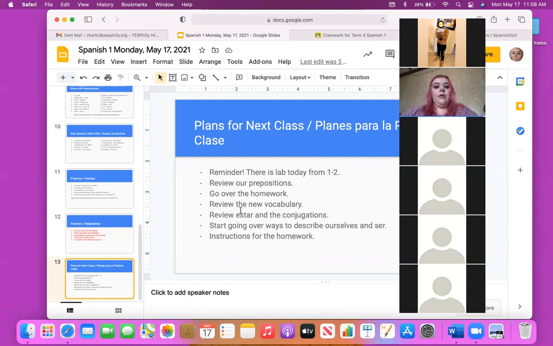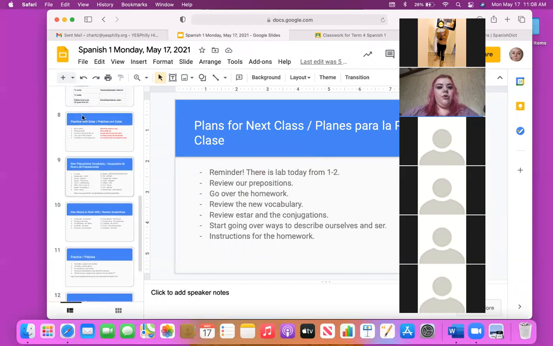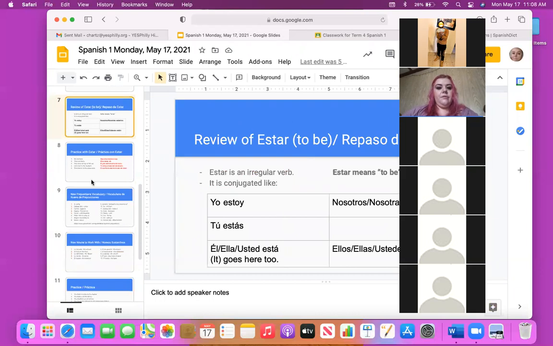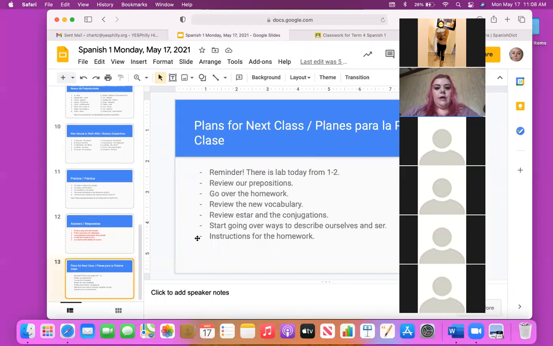We'll review the new vocabulary, and estar and the conjugations, which is the chart here. Then I think we're probably going to start going over ways to describe ourselves and conjugating ser, which is the other way of saying to be. We'll see how it goes. Then I'll give some more instructions for the homework. So, does anybody have any questions on anything?